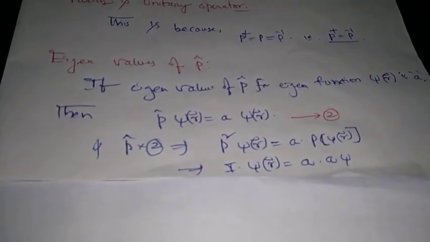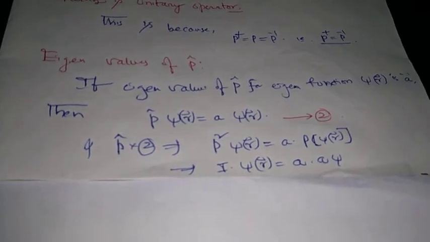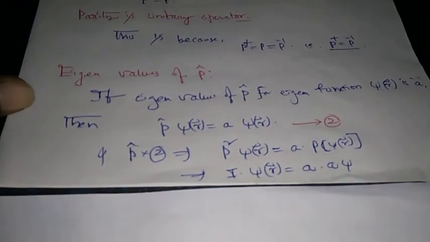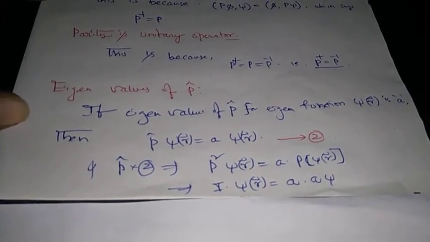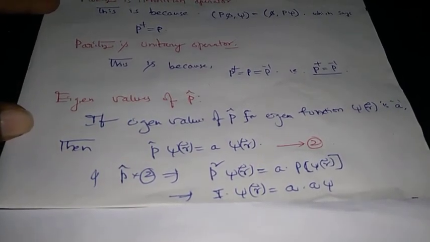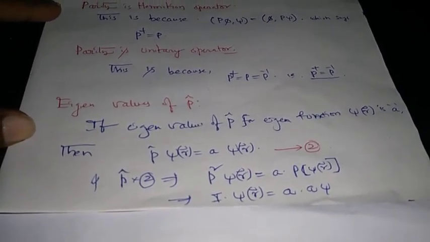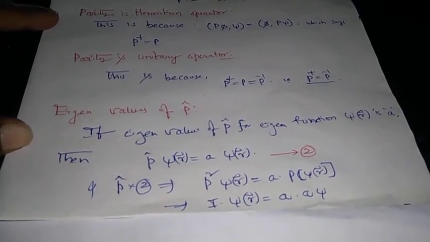Eigenvalues of operator P. If you consider eigenvalues of operator P as small a for eigenfunction psi of r, then we can set up the eigenvalue equation as equation number 2. And on that, if you act the parity operator one more time, on the left hand side it will become P square acting on psi of r is equal to a into P acting on psi.